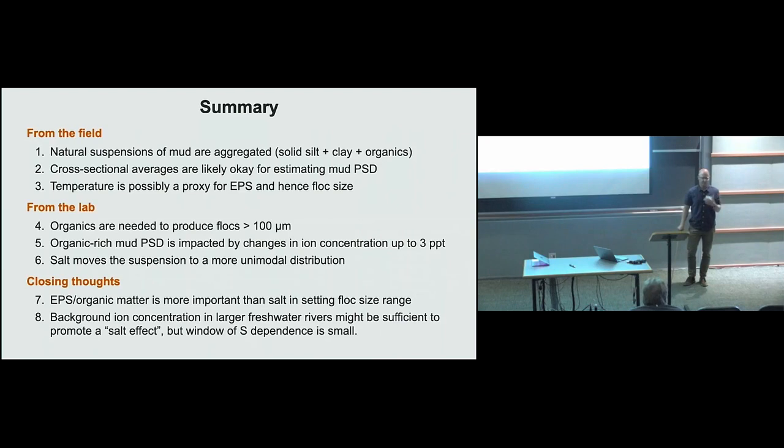And then we've tried to look at the sort of the weight of the different organics to say, is it EPS or is it more of a humic substance? Because the humic substance will be less sticky than the EPS. And we would like to do more of that, but nothing we have done yet has given us good data.